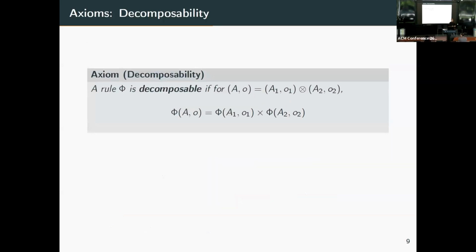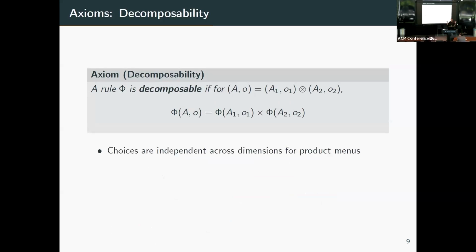We say that a rule phi is decomposable if for any product menu, phi outputs a product distribution. This is a product distribution of the prediction for the first menu and the prediction for the second menu.